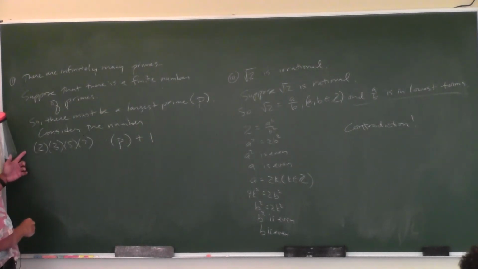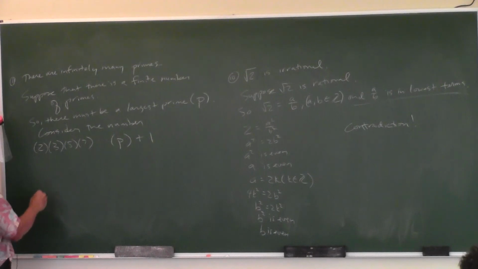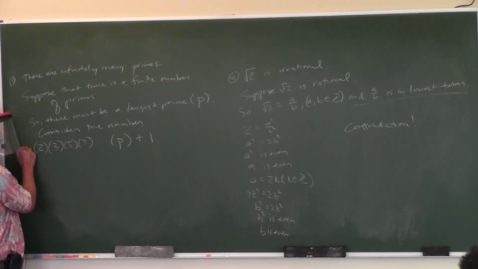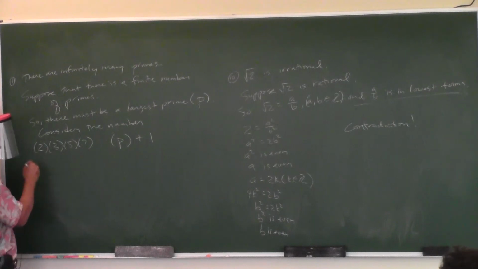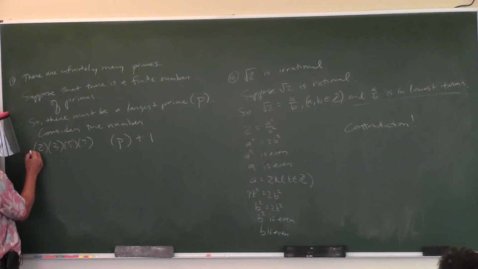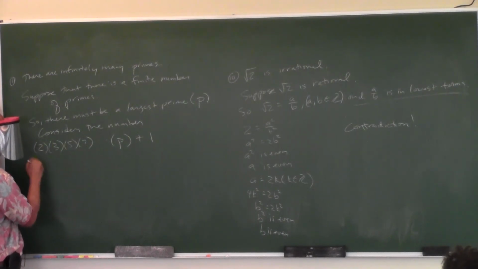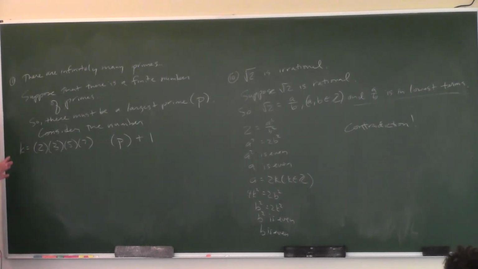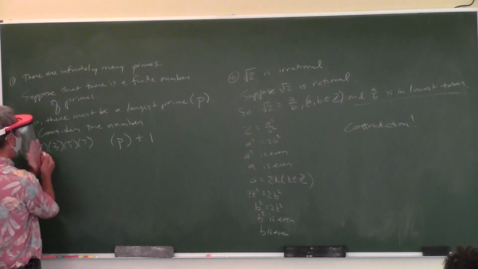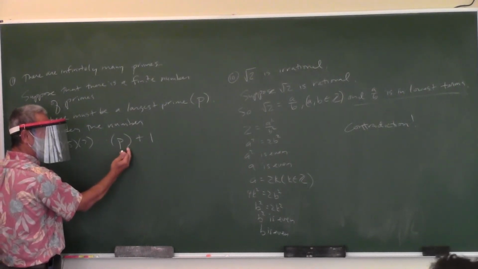Why do you add one? You'll see why we have 1. What letter do you want to call this so I don't have to keep writing this? K. I don't like it, but we'll do it. Okay, consider the number k, which is equal to the product of all the prime numbers plus 1.